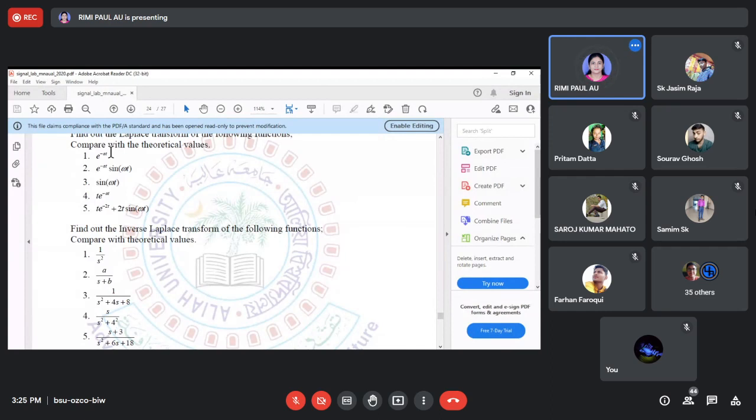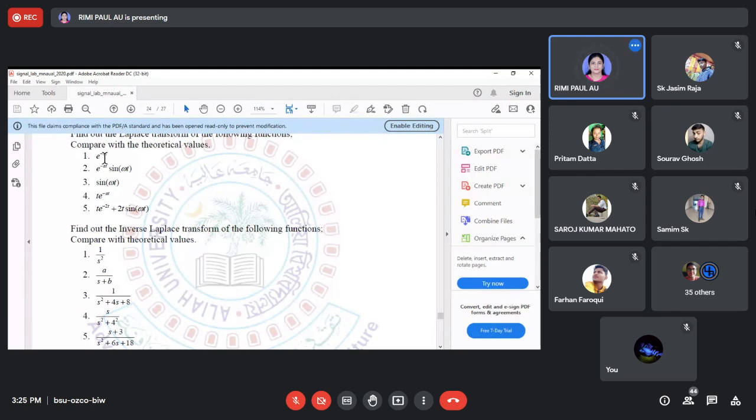That means in an A4 sheet you will write the MATLAB program, then the program output, and either below or above you have to solve the same problem theoretically, and give the answer of this solution also.